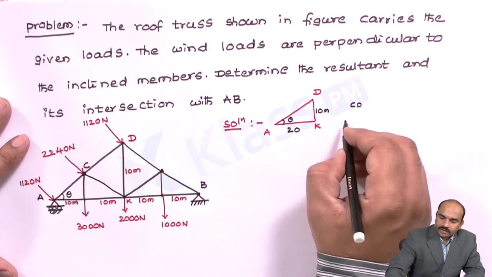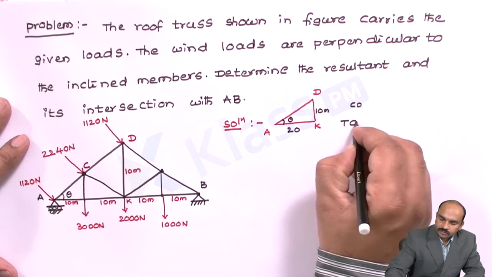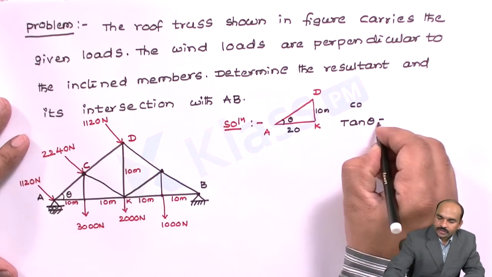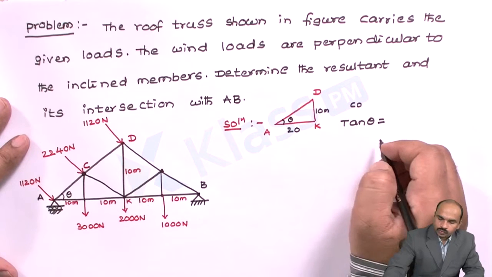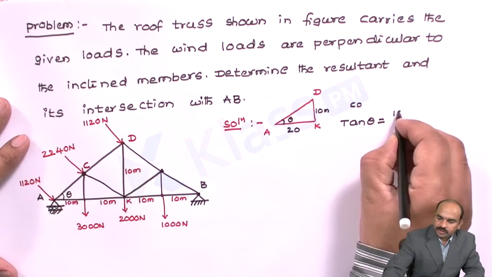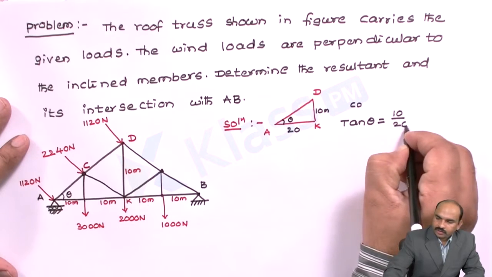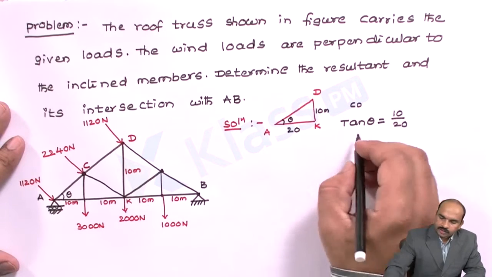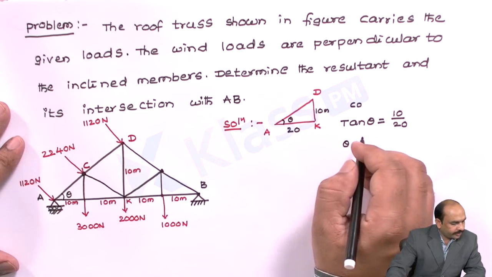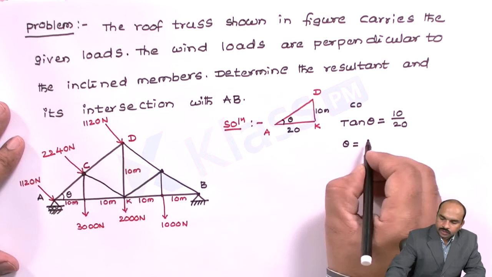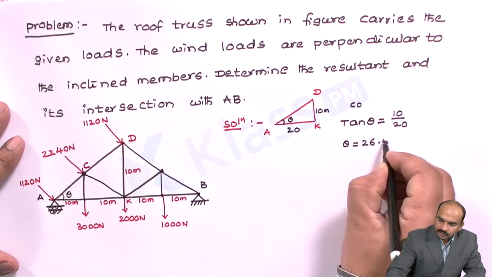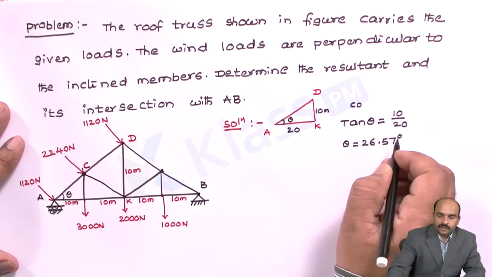Let us write tan theta is equal to opposite by adjacent, that is 10 by 20. From this we get theta as 26.57 degrees.